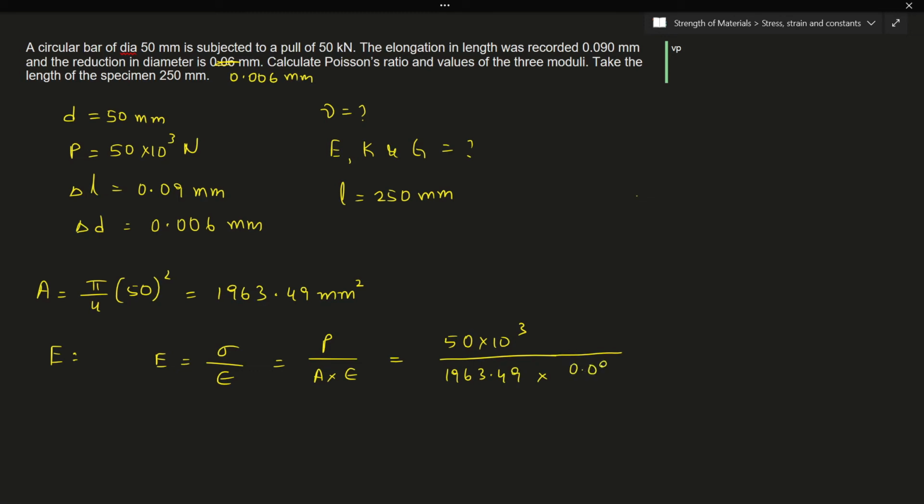Change in length is 0.09 divided by original length is 250. Right, so if I simplify this, the elastic modulus would be something like this: 7.07 into 10 to the power of 4 Newton per mm square.